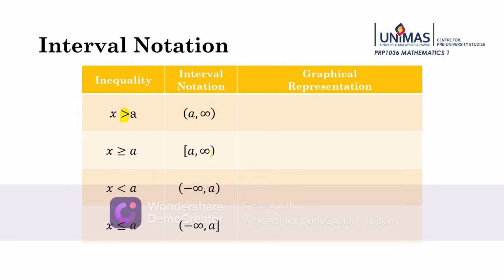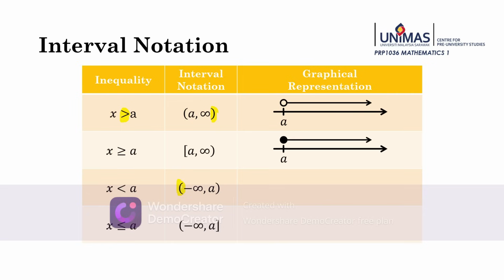And we remember that at infinity and negative infinity, always an open bracket. Don't write a closed bracket, don't use the square bracket. Use a round bracket. So on the number line, empty dot if you don't have the equal sign, full dot if you have the equal sign.